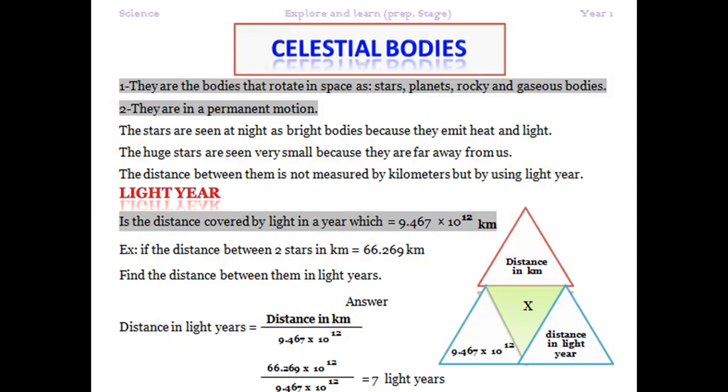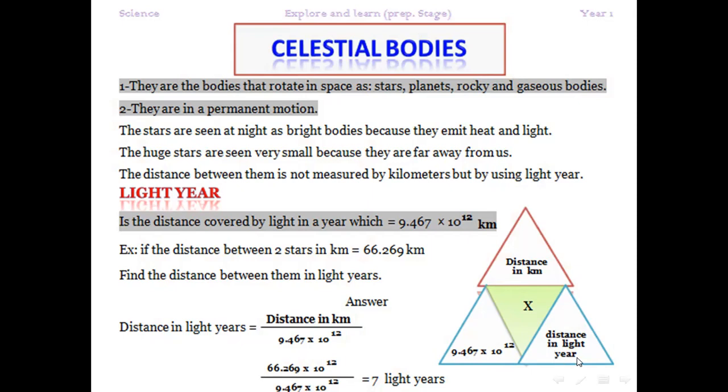If here we have a problem, if the distance between two stars in kilometers is 66.269 kilometers. Find the distance between them in light years. Here we have the magic triangle: the distance in kilometer and 9.467 by 10 to the power of 12, and here's the distance in light year.